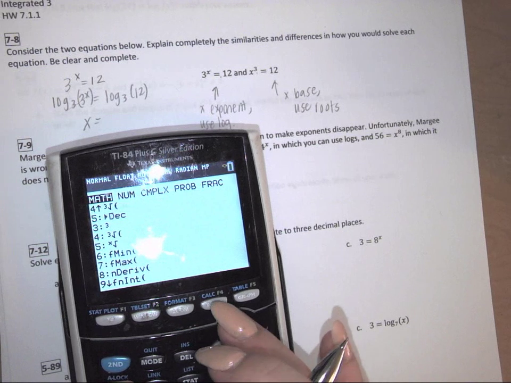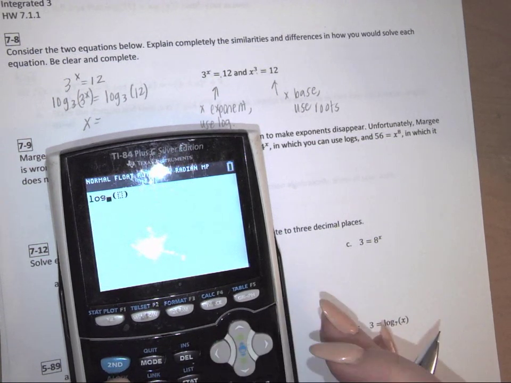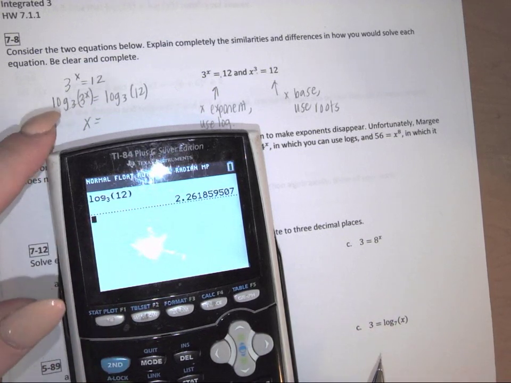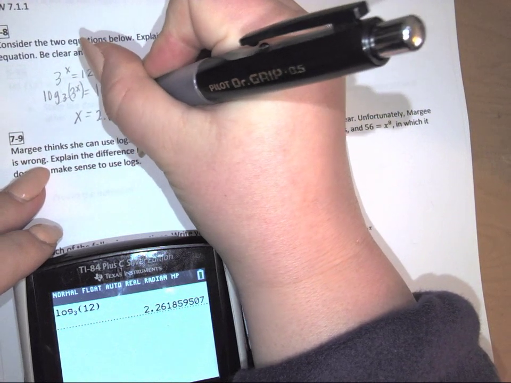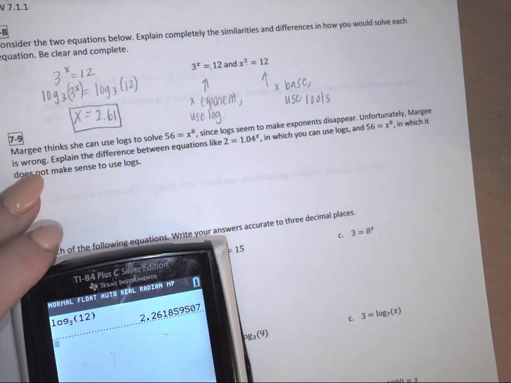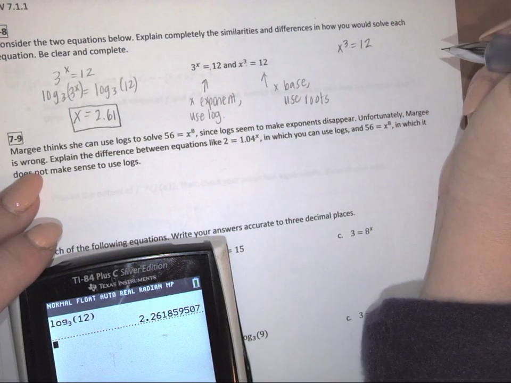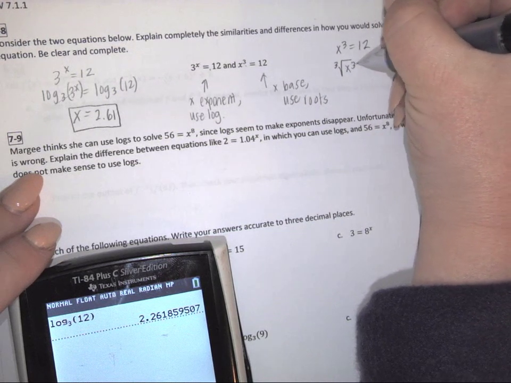So math, log base 3 of 12, you get 2.261. And this one, x is in the base, so you do the cube root of both sides.